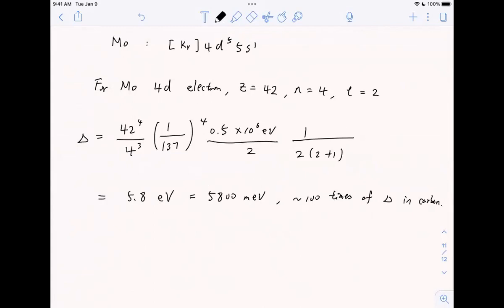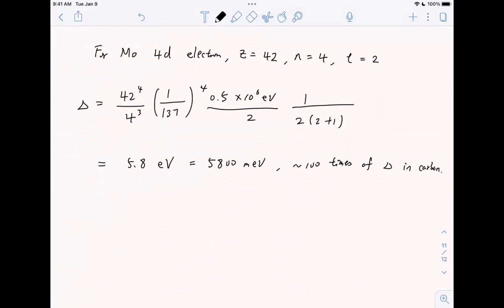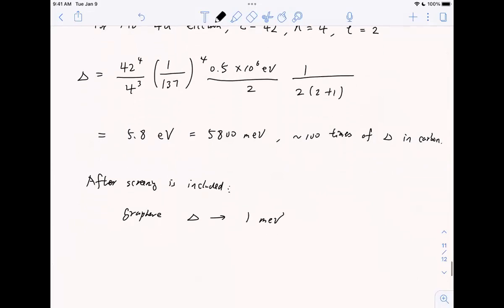Okay, so let's take care of the screening effect. After it is included, for graphene the spin-orbit coupling goes to about 1 milli eV. And for MoS2, the spin-orbit coupling goes to about 140 milli eV.